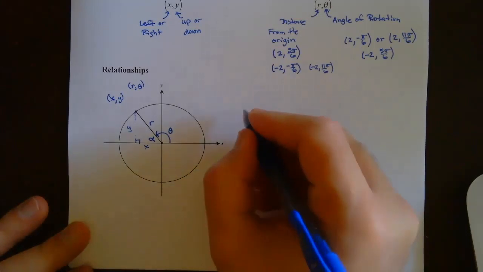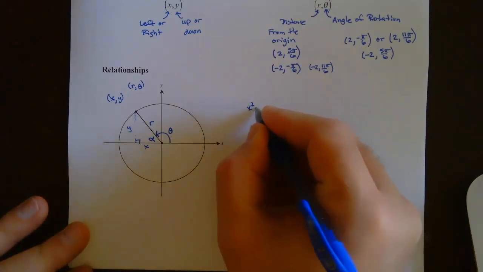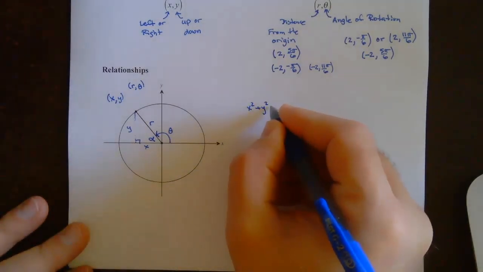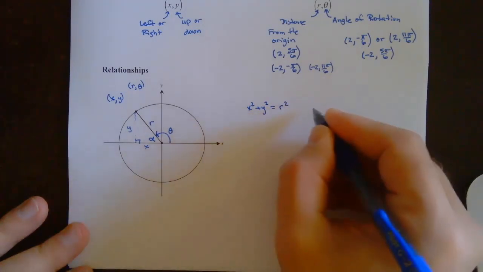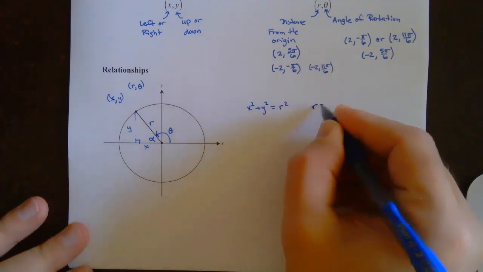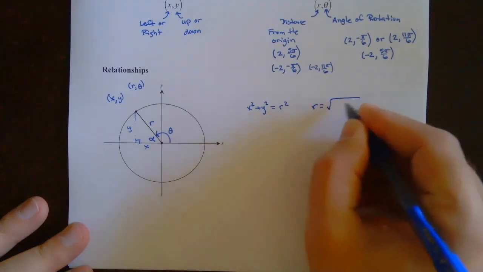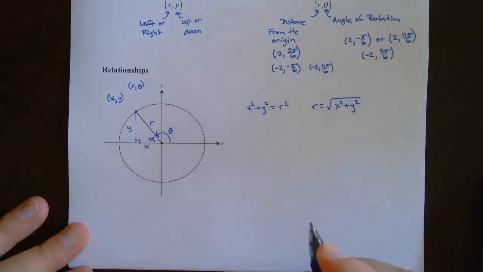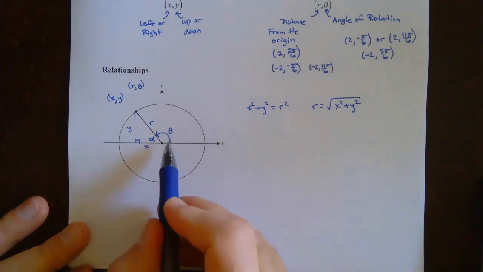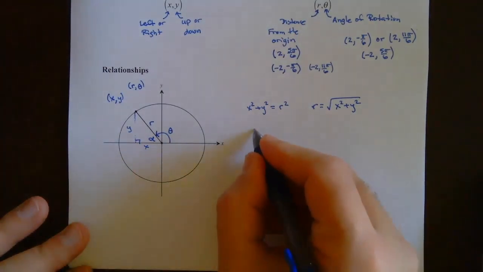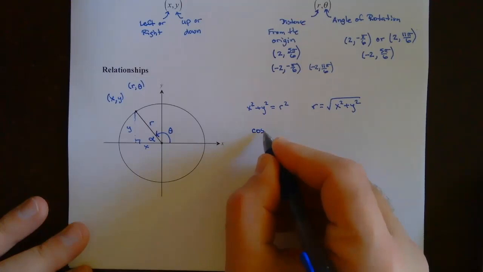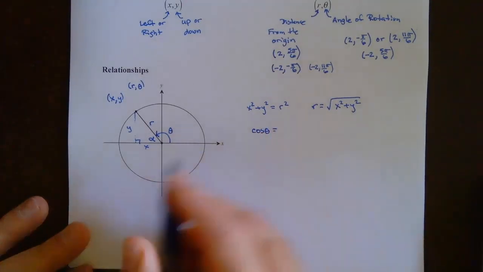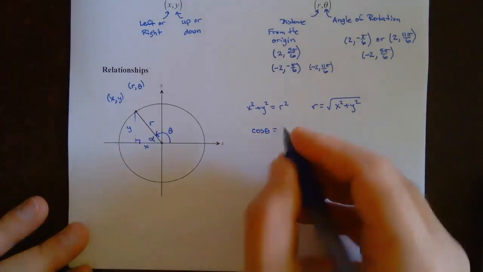So x squared plus y squared is equal to r squared, or r would be equal to the square root of x squared plus y squared. All right, cosine of angle theta, and this will always work, cosine of angle theta is equal to x over r.